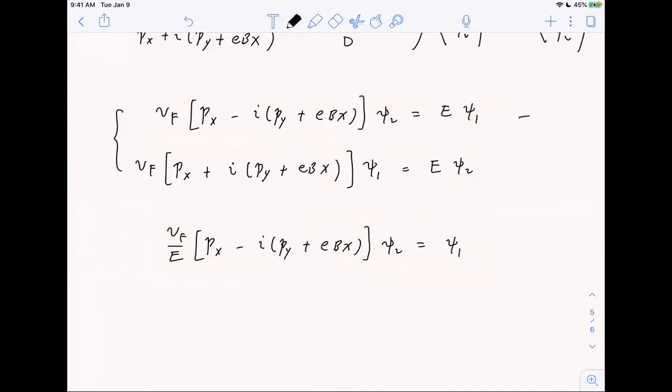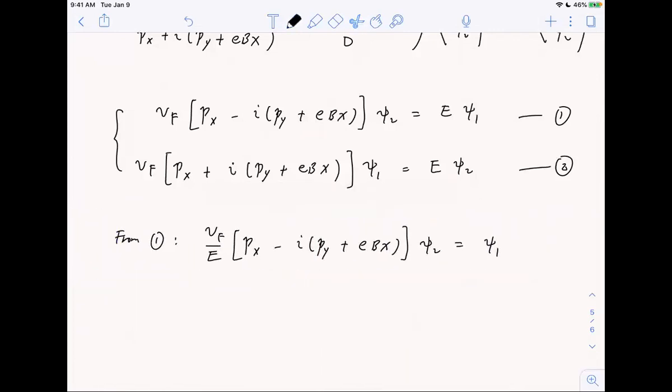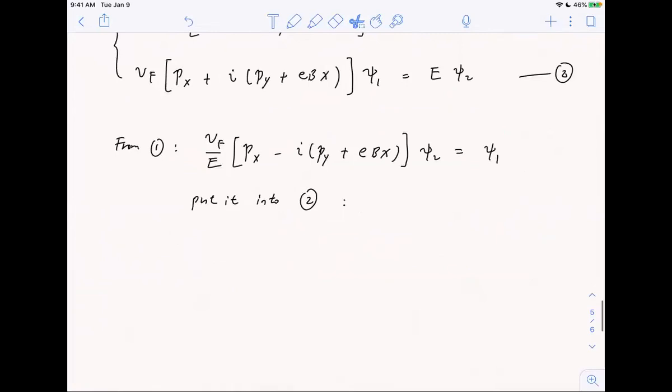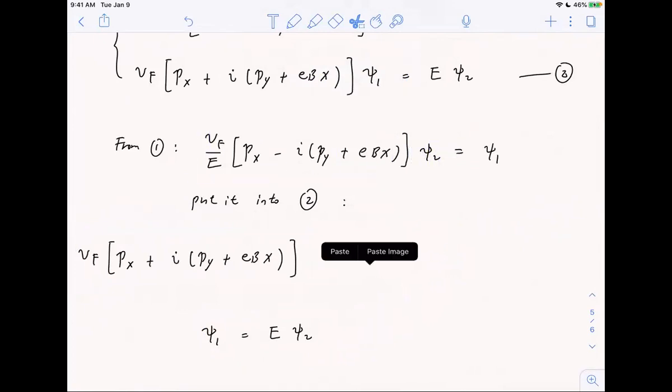Okay, this is 1. This is 2. From 1, put it into 2. If you put it into 2, then you just put this whole thing into 2.